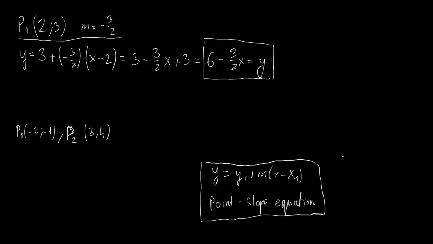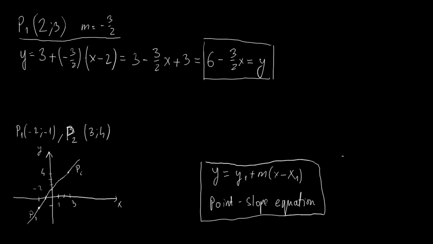So we can actually calculate the slope from these 2 points. It's really easy. I'll show you how. Just we need a Cartesian coordinate system again. So this is -2, -1. So here is P1 and 3, 4. Here is P2, and the line looks like something like this. I mean the P1, P2 line.